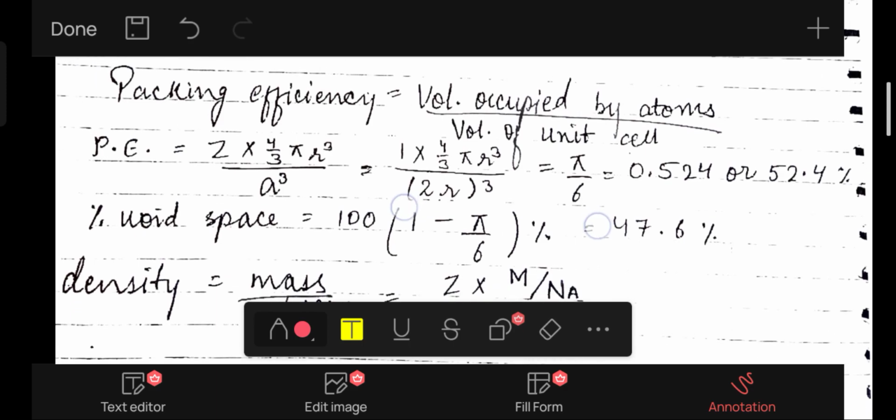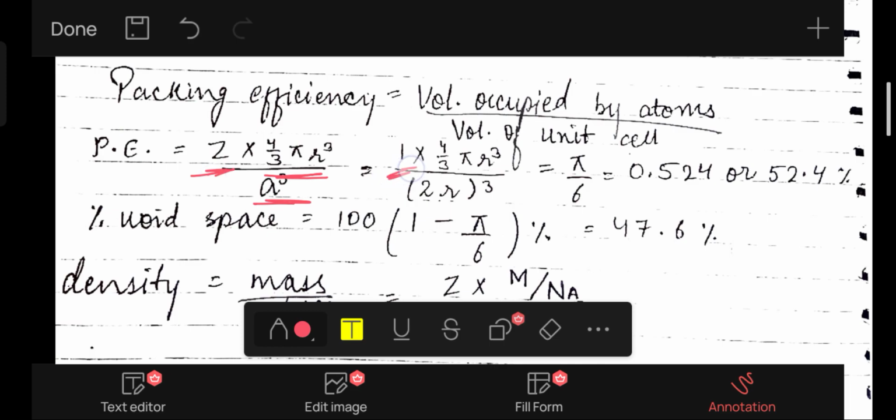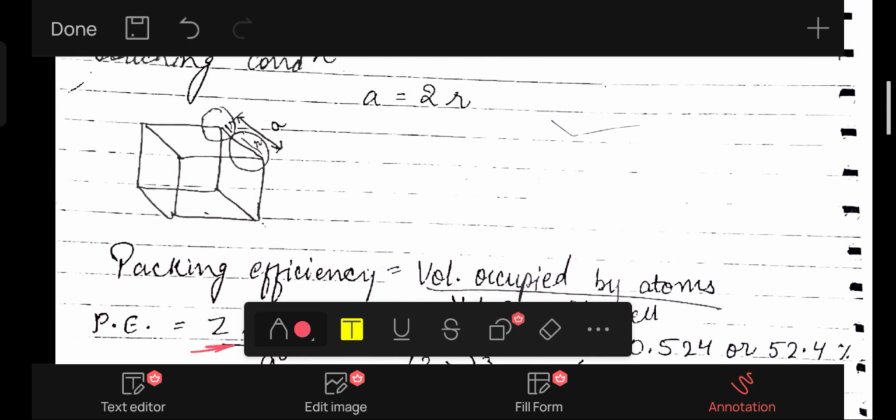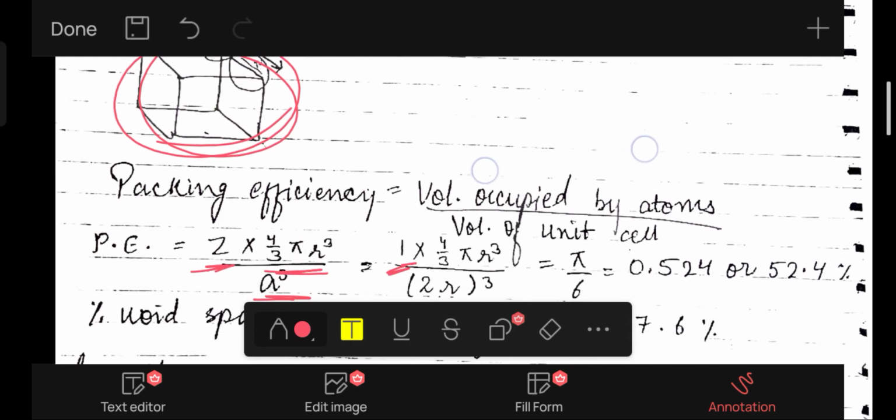Here we have the volume of atoms upon the volume of the unit cell, and z is the number of effective particles in the unit cell. So if instead of 1 there were 2, in this case there is only 1 here, and we are finding the packing efficiency of this one.